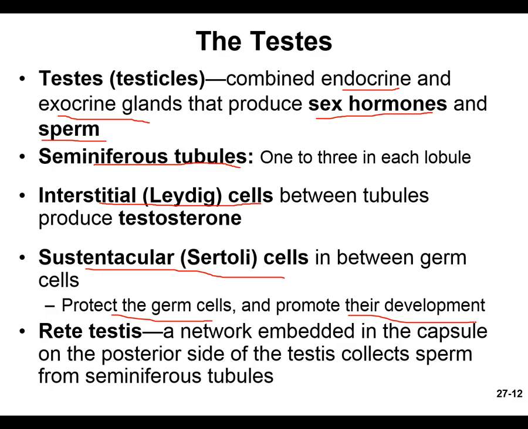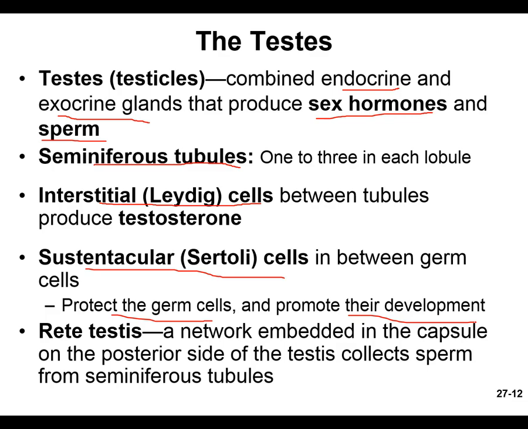How these nurse cells protect the sperm is they form something called the blood-testes barrier. What the blood-testes barrier does is it prevents antibodies from getting to the sperm. The reason for this is that the sperm become genetically unique.